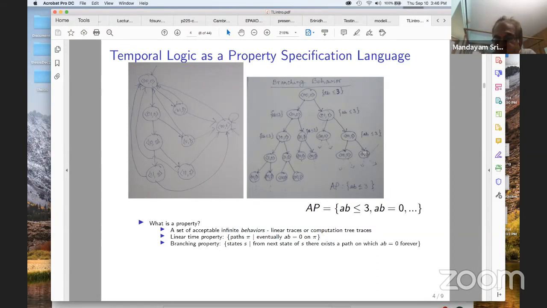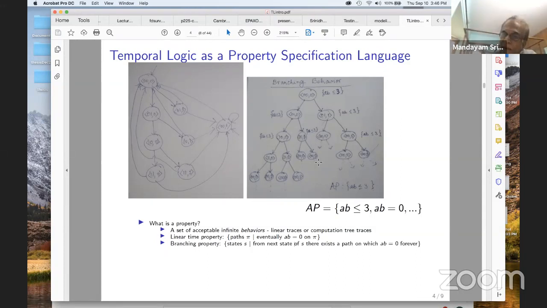On that, AB is equal to 0 forever. So this state here satisfies that, and so does this one, because this one also has a successor state from which there is a path.